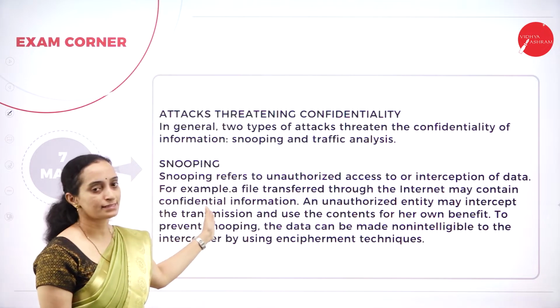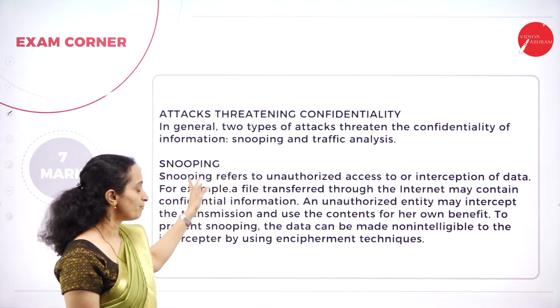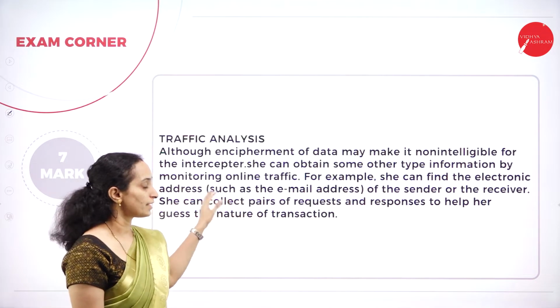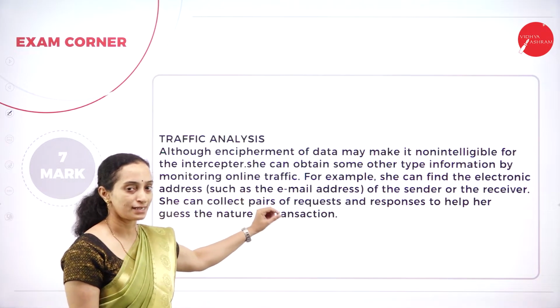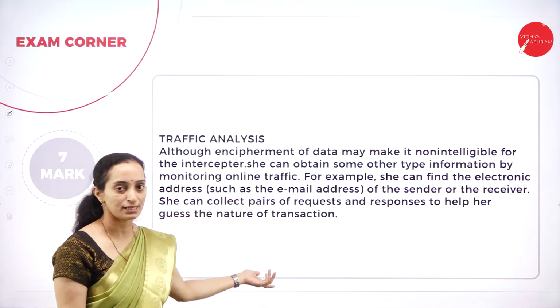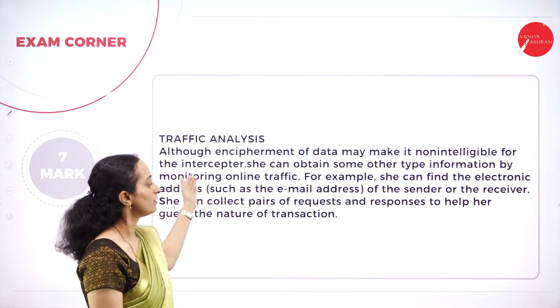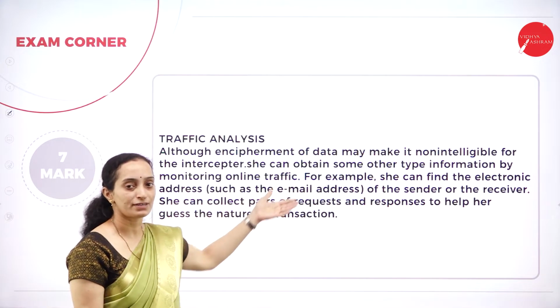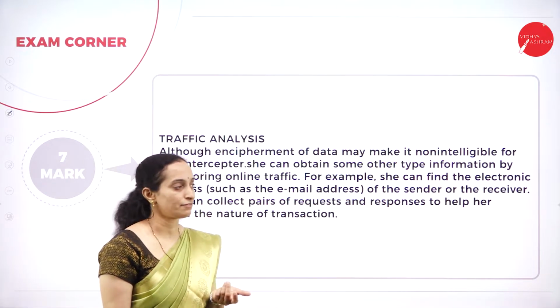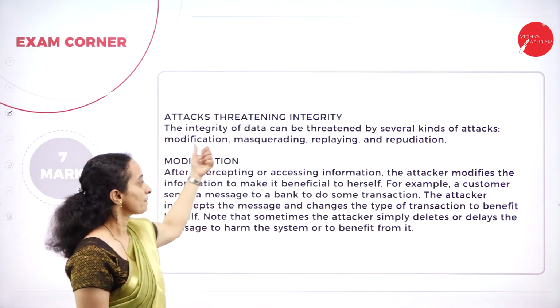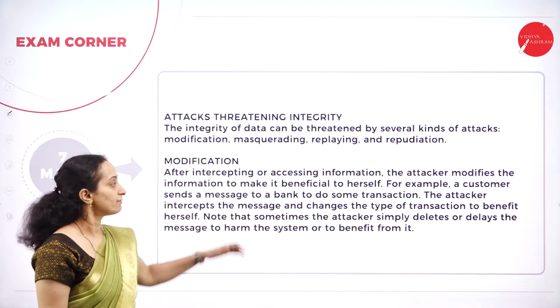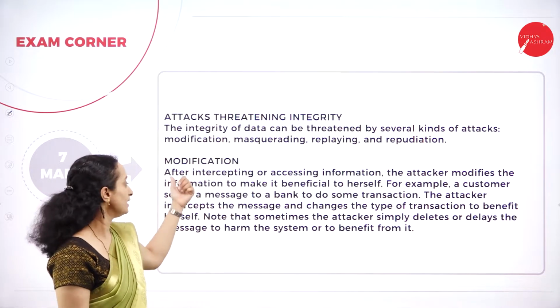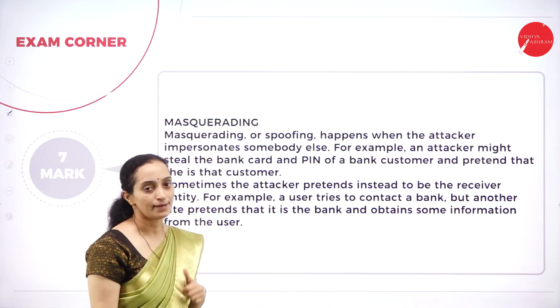You can answer with points. Here also you can reduce the explanation a little bit. You can add one or two sentences. That is enough. If you know an example, if it is written, it will be advantageous. Okay. Then we have the attacks threatening integrity, like modification and masquerading.